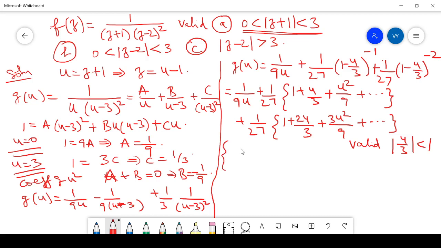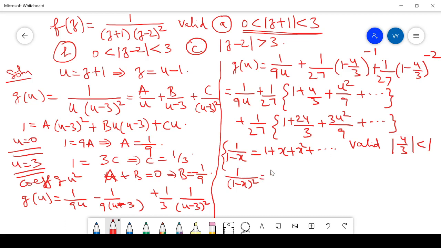Again, when I write like this, 1 by 1 minus x will be 1 plus x plus x squared plus so on. When I differentiate this, I'll have 1 by 1 minus x the whole square.